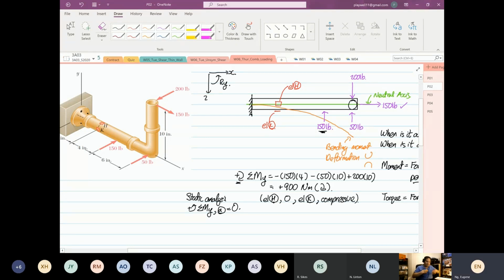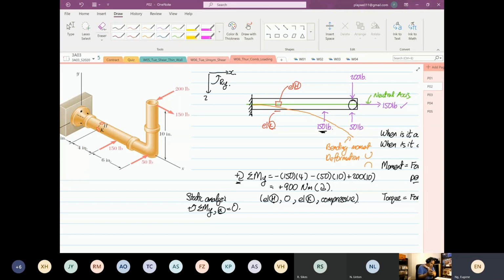Okay. Why are we doing this? Because we are breaking down each force, each moment, each torque, and how they are behaving on the element. Because later on we have to combine all of them together. And if you don't get it right, the mistake will be very easily made.